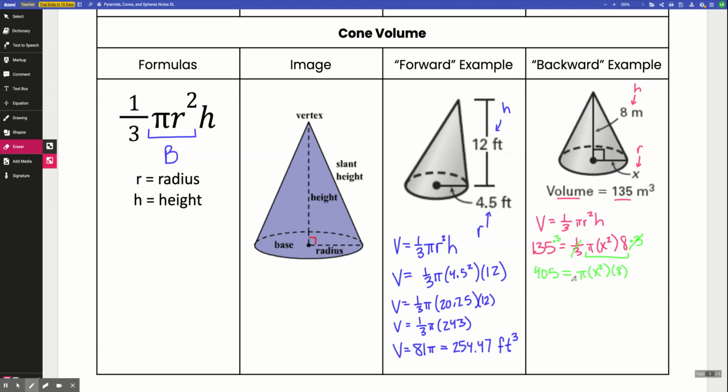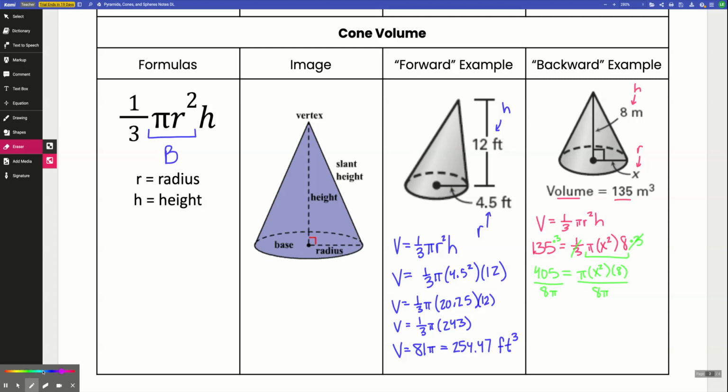Okay, so what I'm going to do is I'm going to do this in one step here, but in your calculator you will likely have to do it in 2 steps. Okay, so I'm dividing both sides by 8 pi.